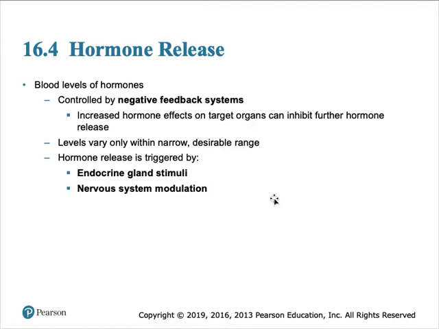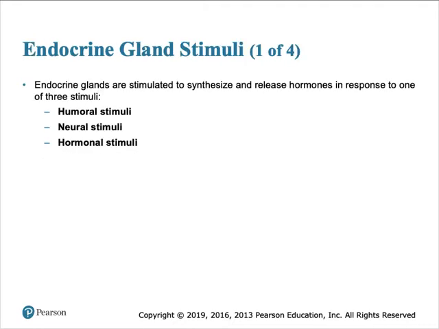So either the nervous system will turn on the endocrine gland to release the hormone, or another endocrine gland hormone will cause its stimulation. And so we'll go through some examples. So the endocrine gland stimulus. Endocrine glands are stimulated to synthesize and release hormones in response to either humoral stimulus.